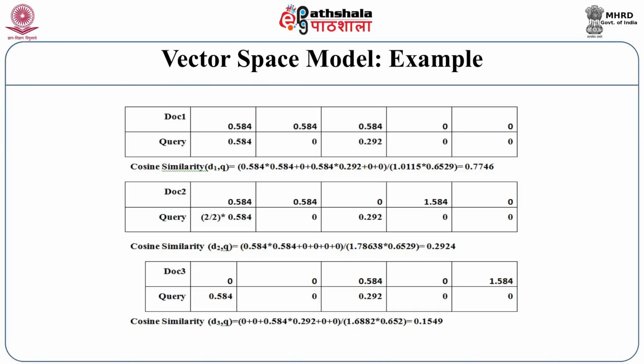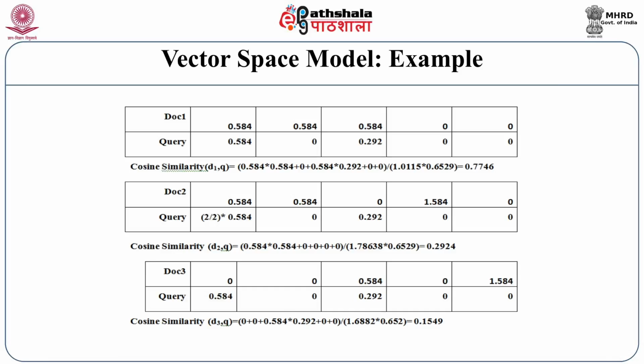The second match is not there because the value is 0 for the query. Again, the third value is matched, that is 0.584 and 0.292.